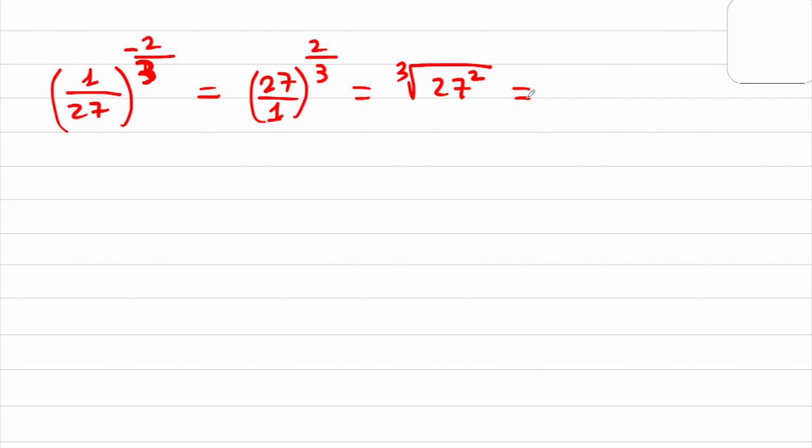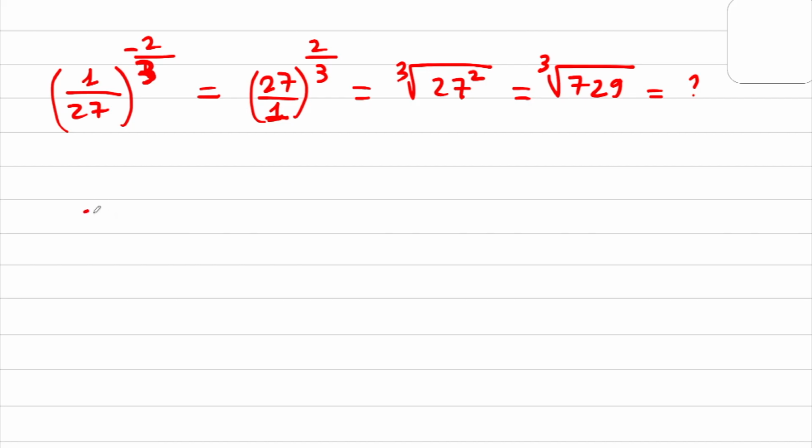So 27 squared, I think you can use your calculator. And you will get 7, 2 and 9 here. And you get 3 outside. How about this one? Square root of the answer, you will have no idea about this one. Yeah, you can keep this unchanged. And use your calculator to figure out the final answer here.